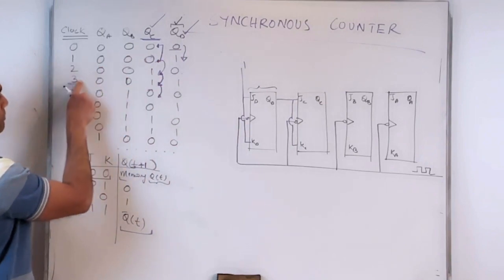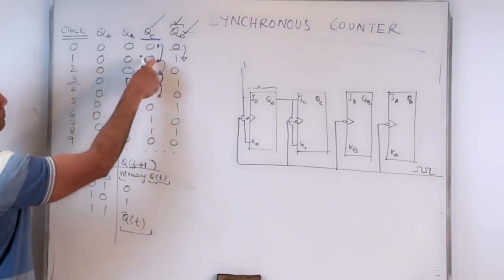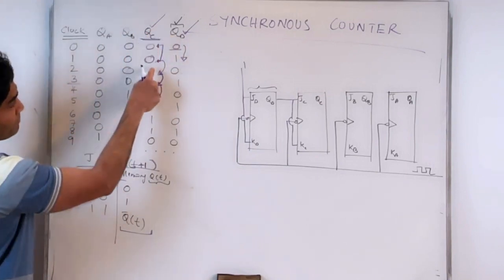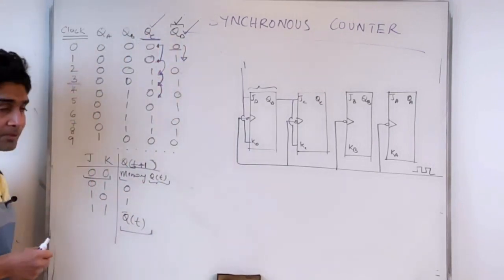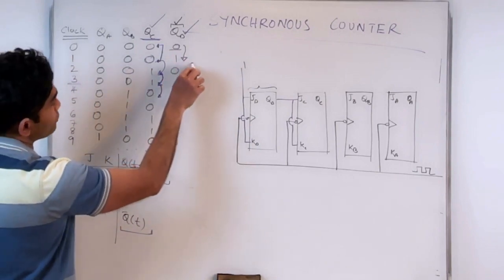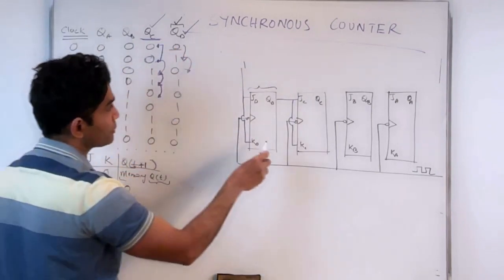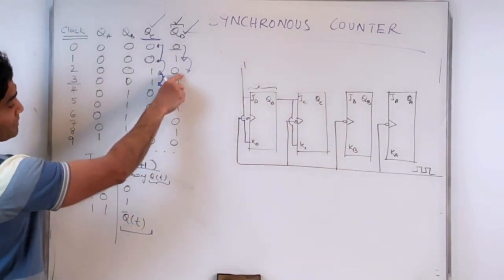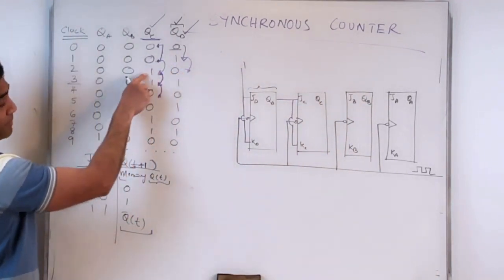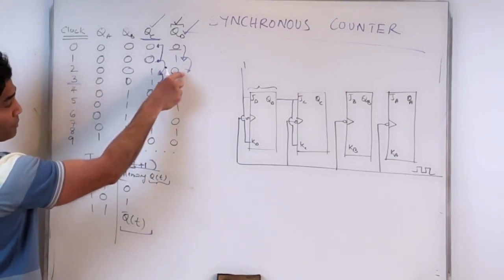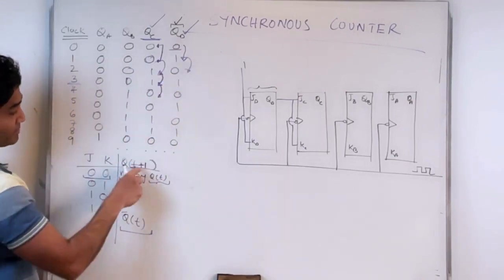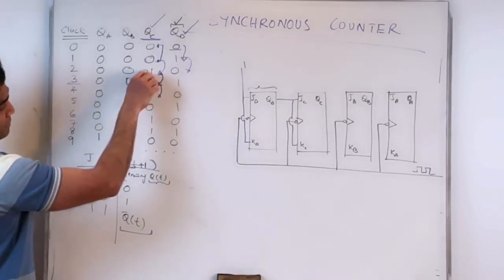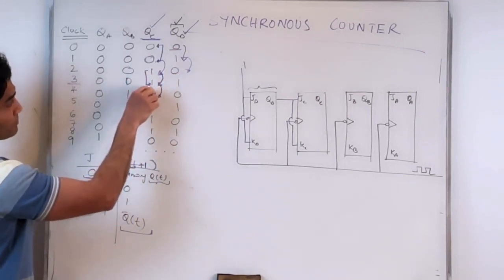And on the third clock pulse, my JC and KC is configured as a toggle flip-flop. That means my 0 has to toggle to 1. In the meantime, my QD itself toggled to 0. So I'm applying a 0 again on JC and KC, right? My present value is 1. I'm applying a 0. So in the next clock transition, because it's configured as a memory, it retains the same value.